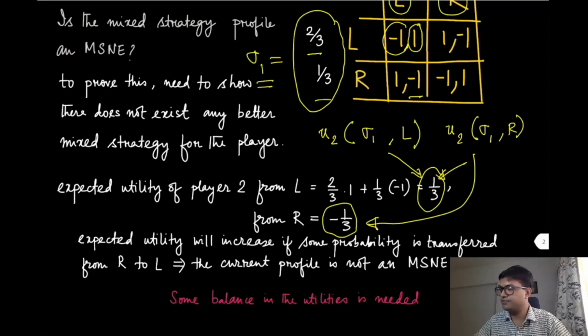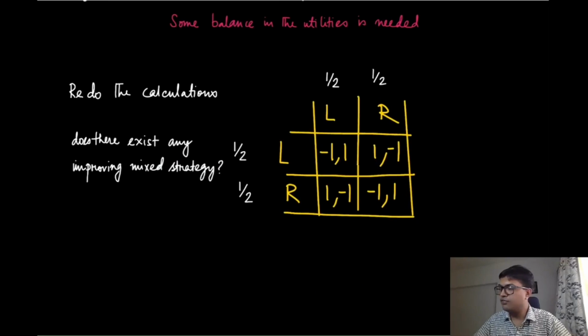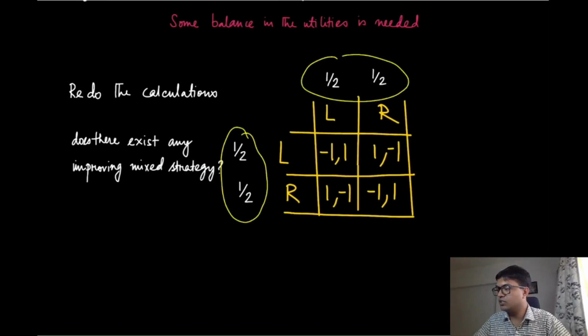So if you change these probability masses to half and half for both these players, now this is a different sigma 1, so let's say sigma 1 tilde and sigma 2 tilde, this has changed.